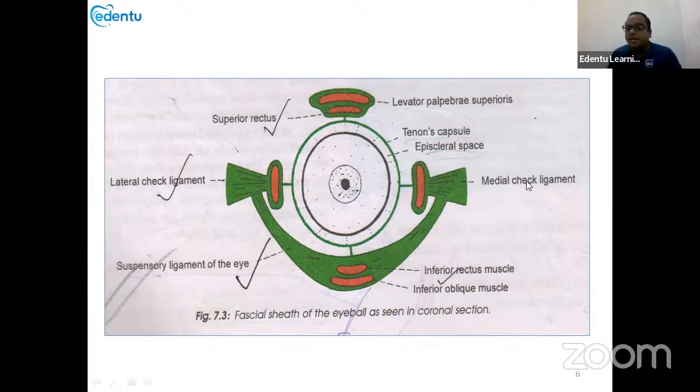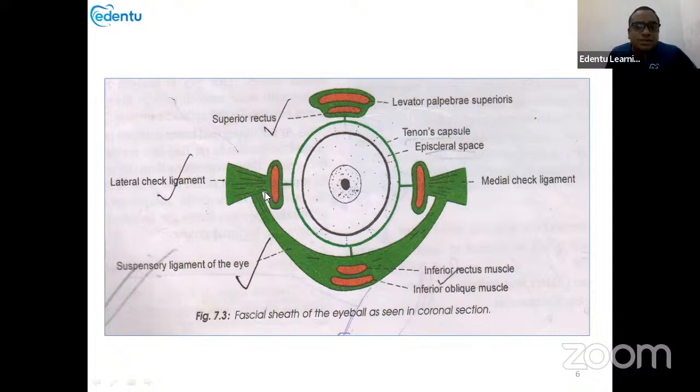Your nose will be here where my cursor is. This is the medial check ligament. We are talking about the right eye. On the medial aspect, you have the medial check ligament, and this is the medial rectus muscle. Muscles are brown in color. The green one is ligament. Then on the lateral aspect, you have the lateral check ligament and lateral rectus muscle.